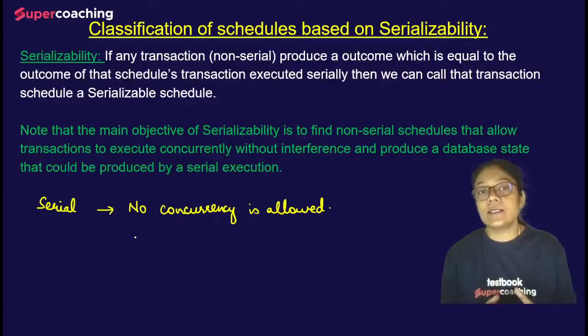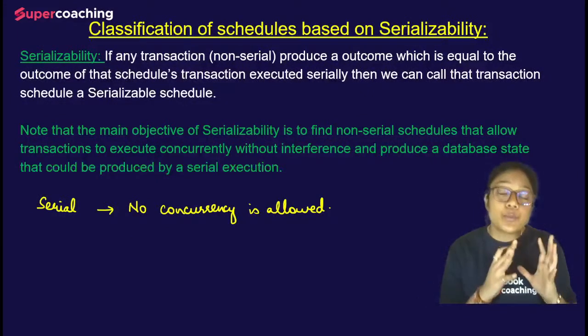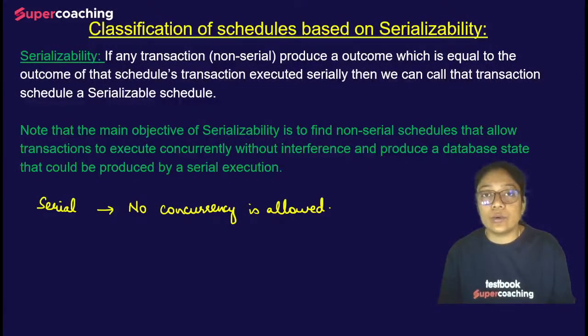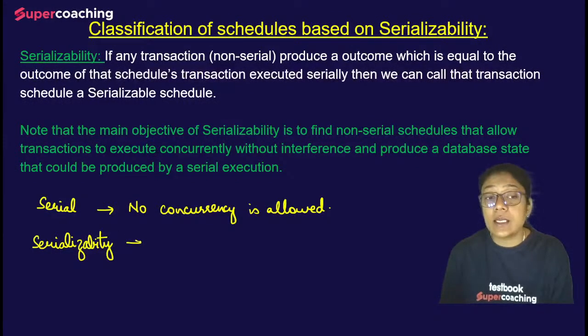That means serializability is nothing but a concurrent schedule which produces the result equivalent to some serial schedule. You get this point? So in serializability the result is the same as that of serial schedule, because it always returns the correct result. But here the concurrency is allowed in serializability. So this is the major difference between the serial schedule and serializability.